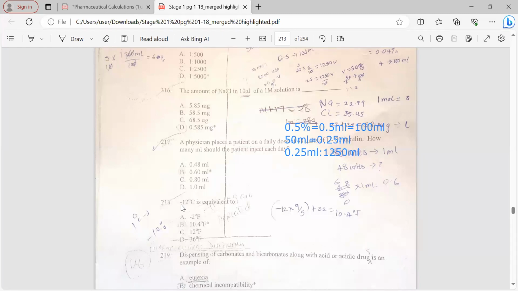Plus 21.6. Oh, negative 12. Never mind. Okay, so 10.4 as well.